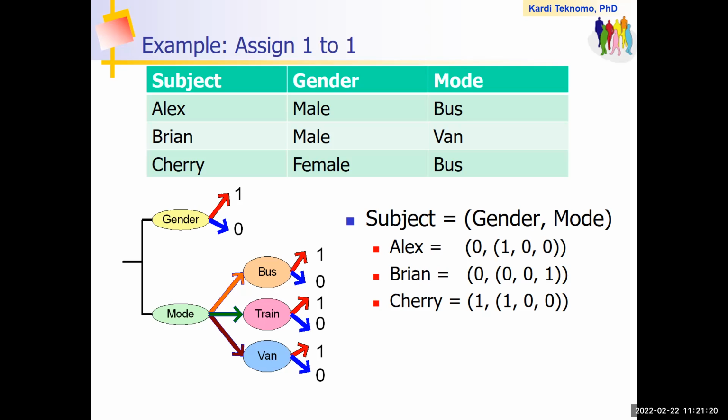Now for each value, you assign 0 and 1. So bus will be 1, 0, 0. Fun will become 0, 0, 1. Train will become what? 0, 1, 0. Super. You understand that.